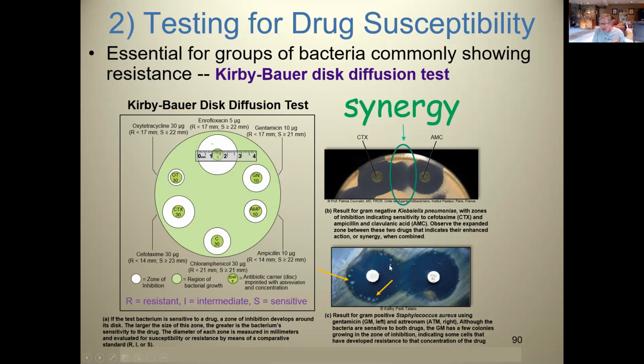These are little colonies of bacteria. So we can actually see drug resistance doing the Kirby Bauer disc diffusion test sometimes. We don't often see it in our laboratory, but it can be viewed, as you can see here, in certain scenarios.